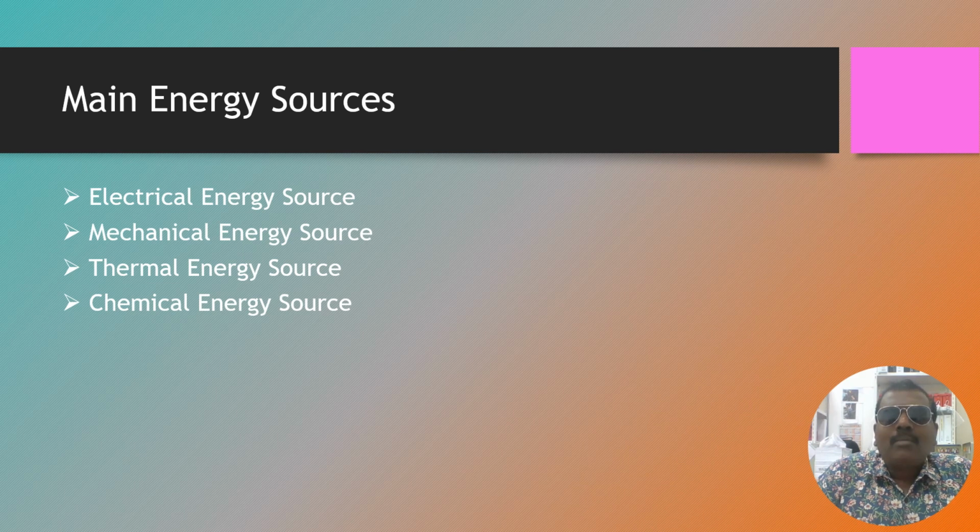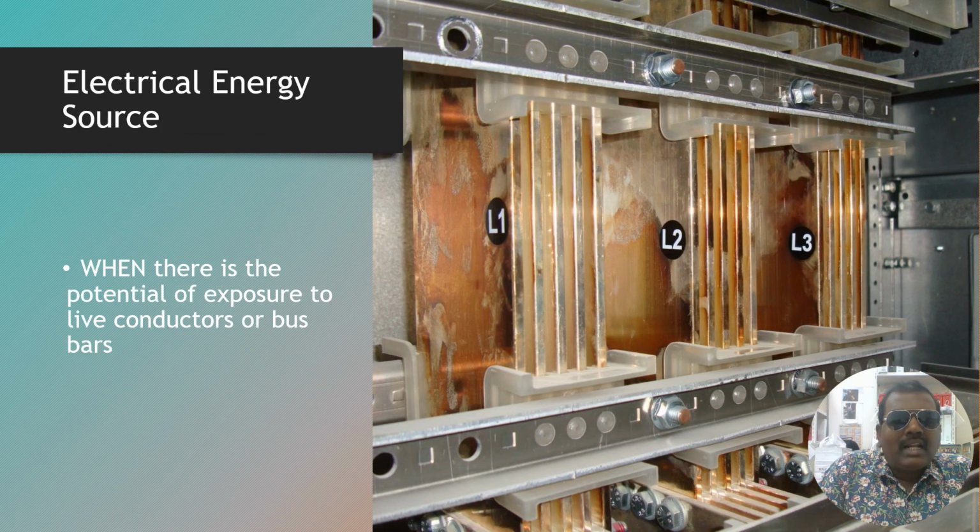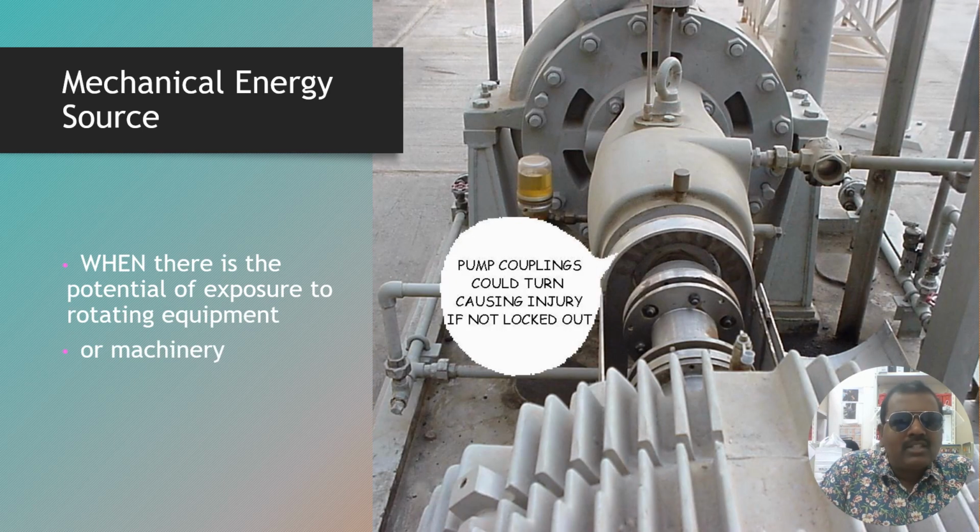So what are the main energy sources in industry? Electrical, when there is a potential of exposure to live conductors or bus bars. Mechanical energy source, when there is a potential of exposure to rotating equipment or machinery.